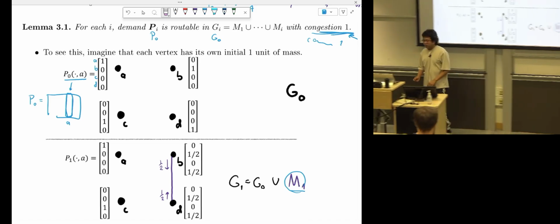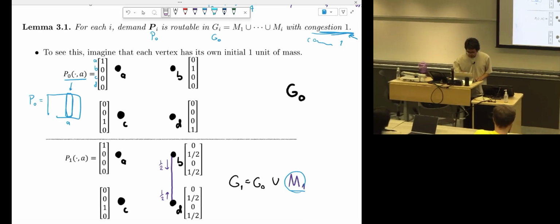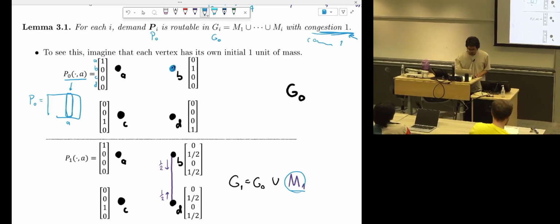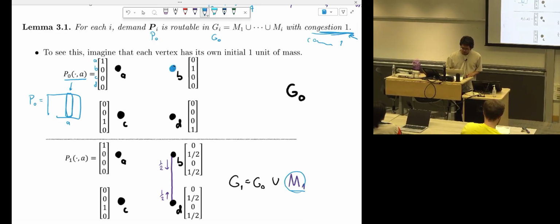Okay, so you know that any particle that starts at B, if there is a matching edge here, is gonna go to D with probability half. So this thing gonna stay put here with probability half, and it's gonna move to D, and you get probability half here.